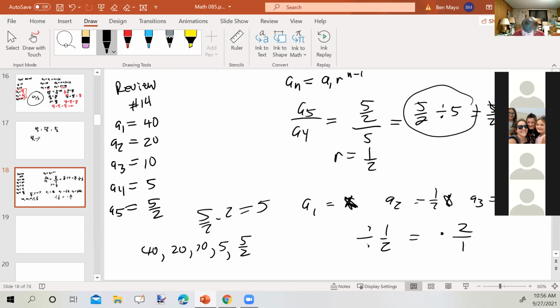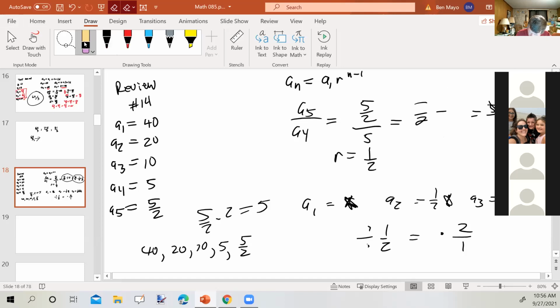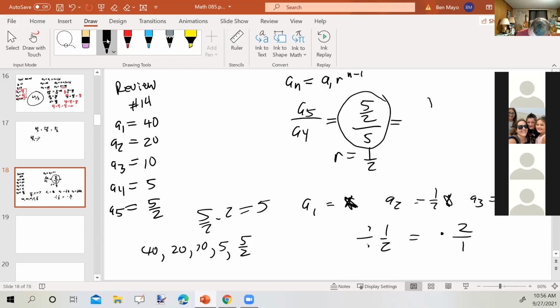So 5 halves divided by 5 is 5 halves times the reciprocal of 5, which is 1/5.